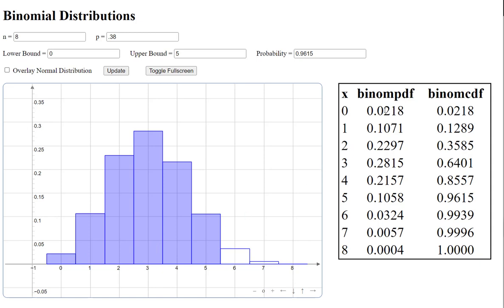I could absolutely take all these binomial PDF probabilities and add them together, but binomial CDF has already done that for me. This is the sum of the shaded region. Binomial CDF says when x is equal to 5, the total of all the probabilities from binomial PDF from x equals 0 up to and including x equals 5 is 0.9615.